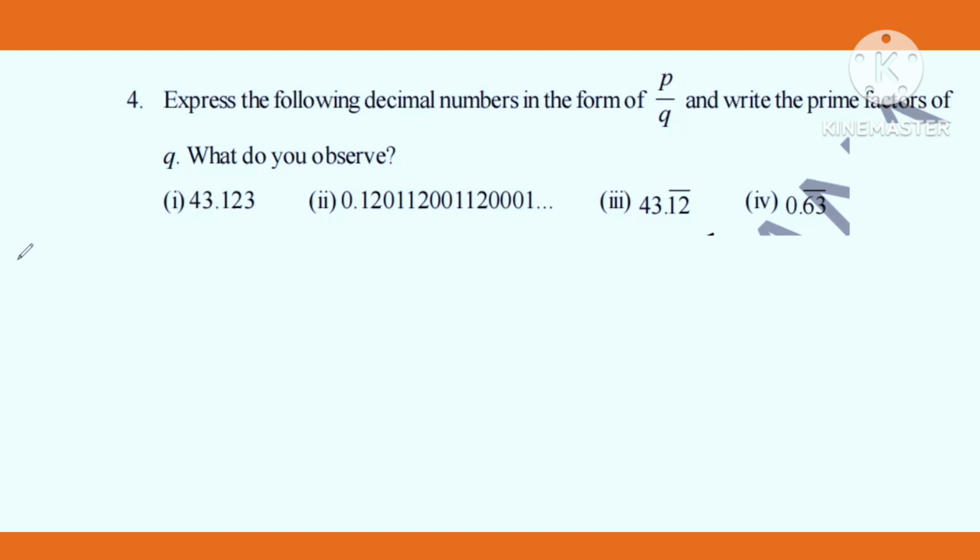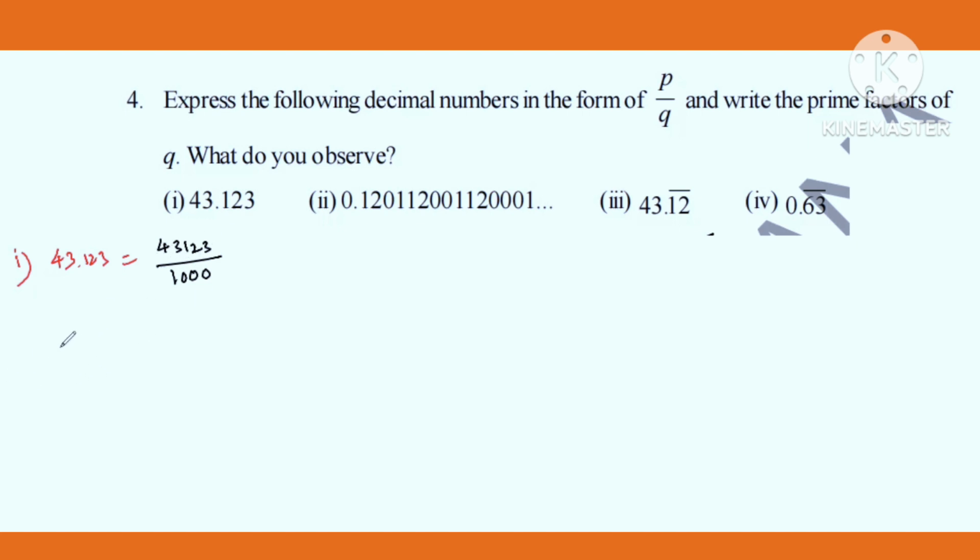Directly you can write in the form of p by q. 43.123 is given. Just you want to do only one thing: I'm removing the point directly. So we get 43123 by 1000, since 3 decimal places are there. If you are able to simplify, you can simplify that. Here you can't, division is not possible.